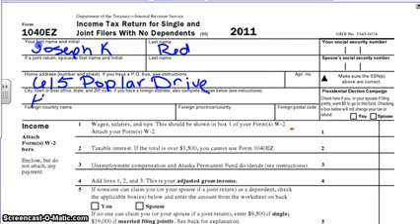And the hometown is the city. State is Illinois. And the zip code is 45201.